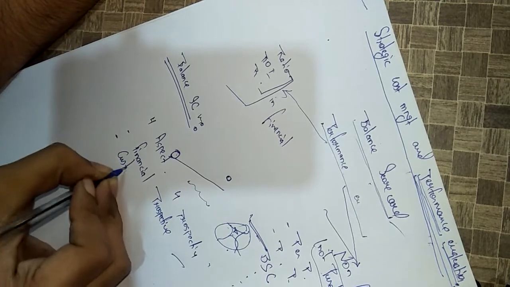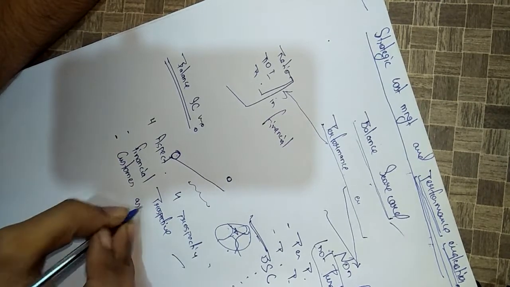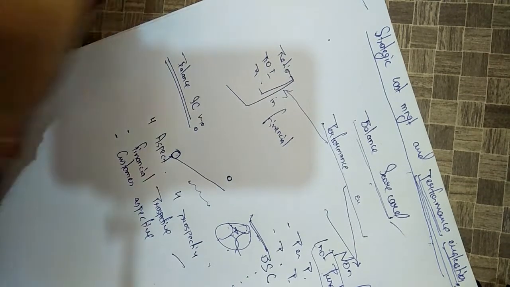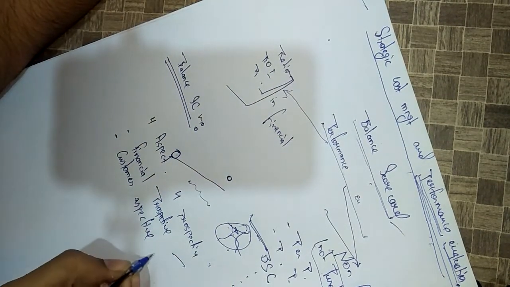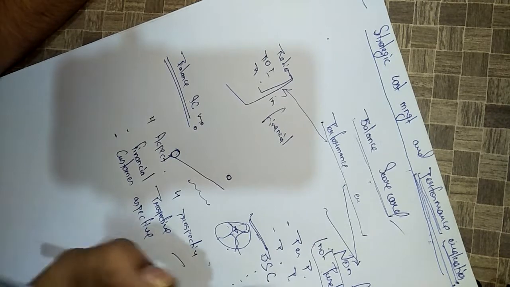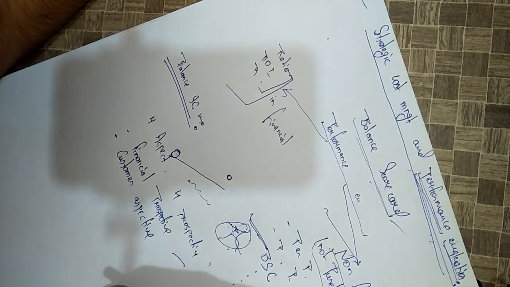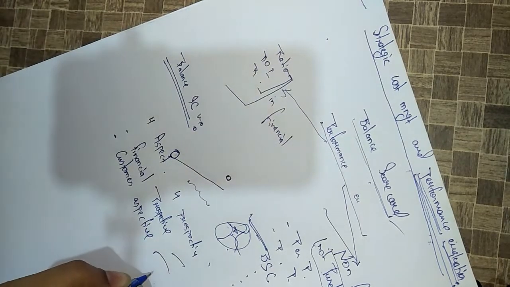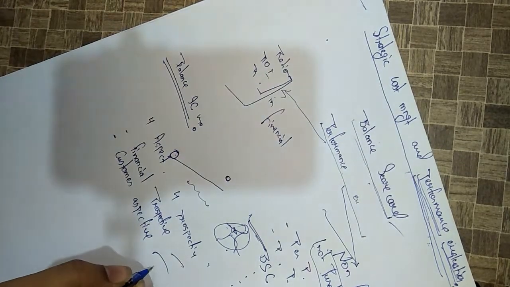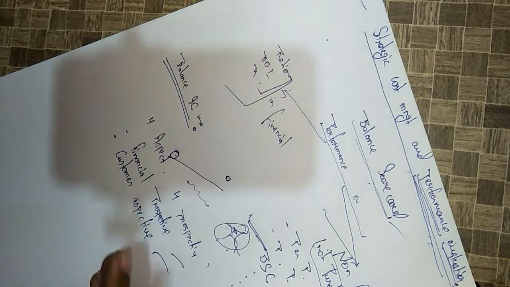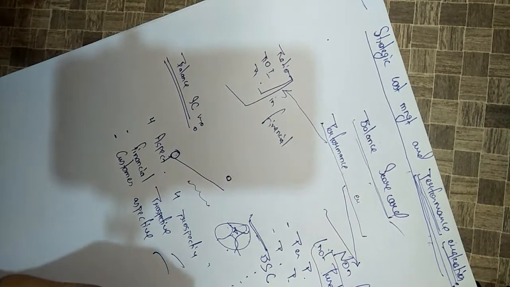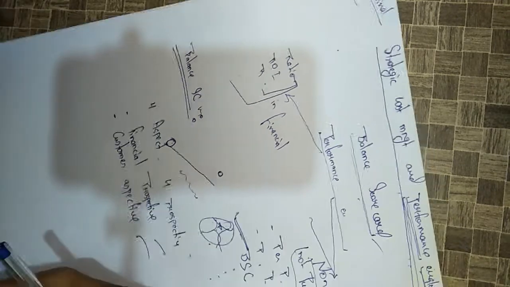Second is the customer perspective. What is the customer perspective? It says whether our business is able to satisfy our customers or not. The customer is the key of any business, and a business cannot survive without customers. To survive, we have to keep the customers attached to us.